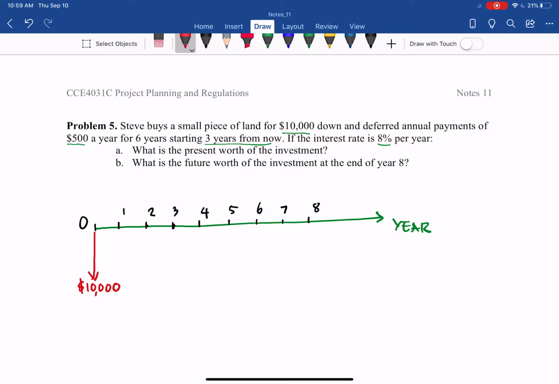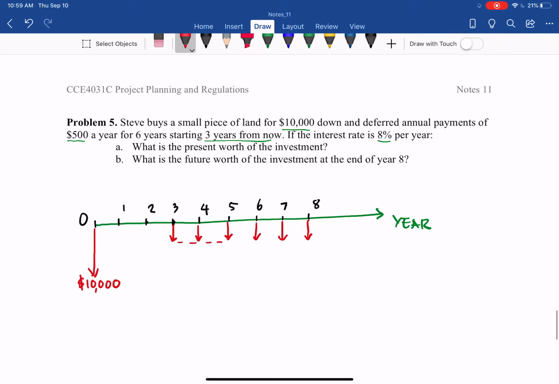And this starts the annual payment, that is $500 at year 3, for 6 years: 1, 2, 3, 4, 5, 6. As you can see, that A equals $500 per year.